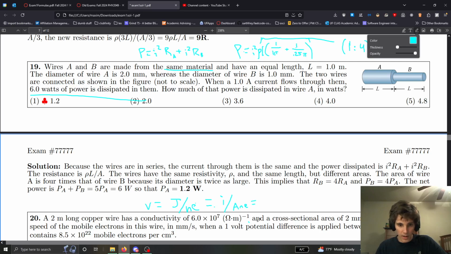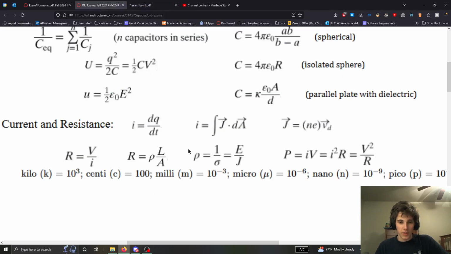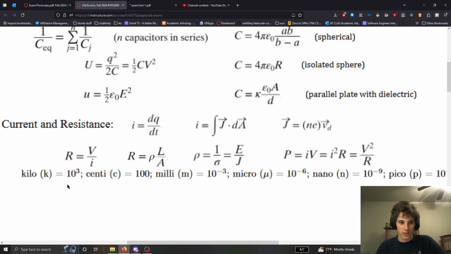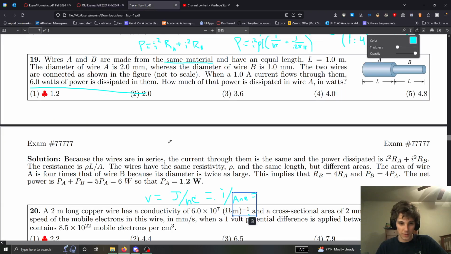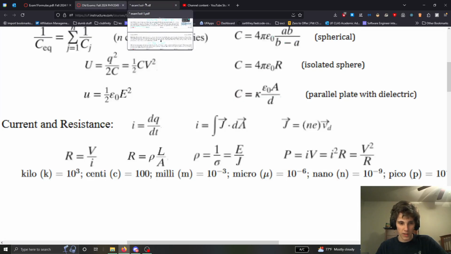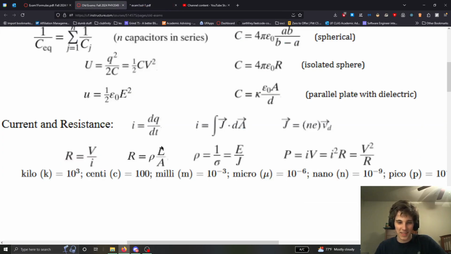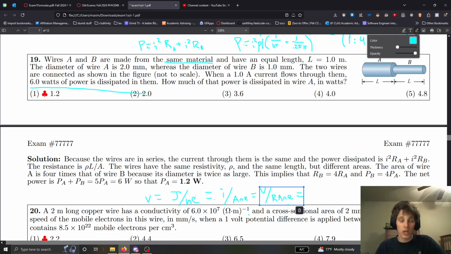Now we don't have I, but we have an area, and we have the conductivity. So we can convert I to the resistance, as long as we have the voltage differential, which we do. So let's do that. I equals V over R. So V over R A N E. Now we don't have R, but we do have length and area, and we have conductivity, not resistivity.